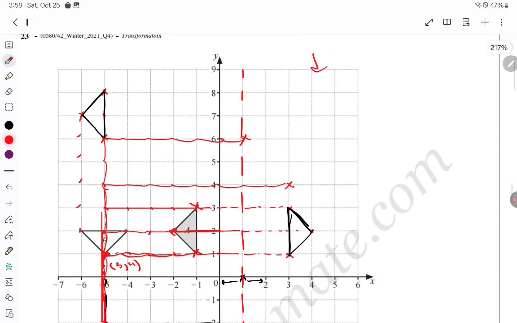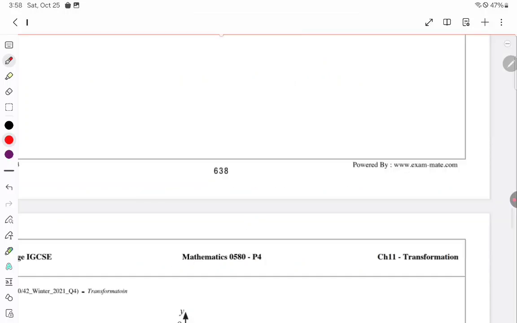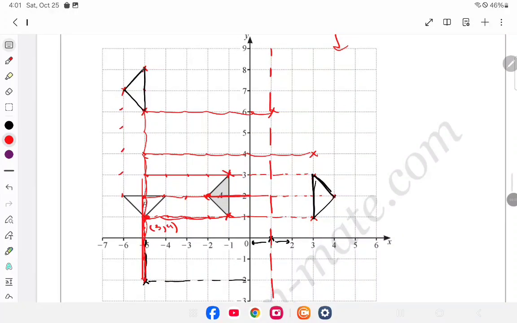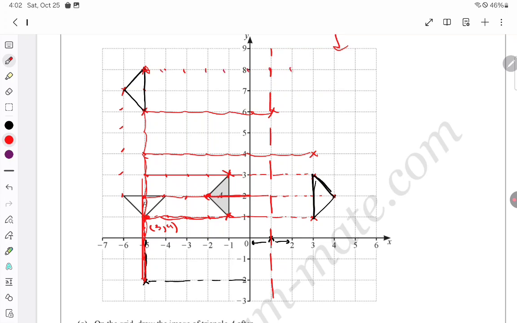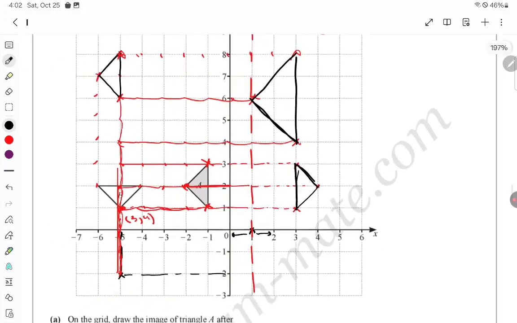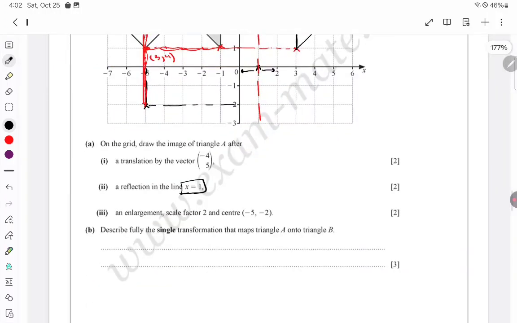It will become 10 right here, and for the 8, 1, 2, 3, 4, 5, 6, 7, 8. This is our 8, and this is our enlargement by a factor of 2. So our part 3 is also complete.